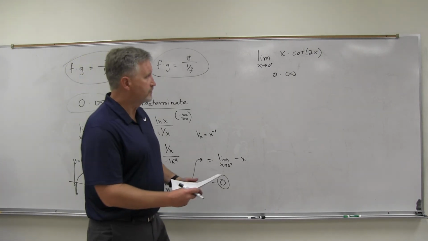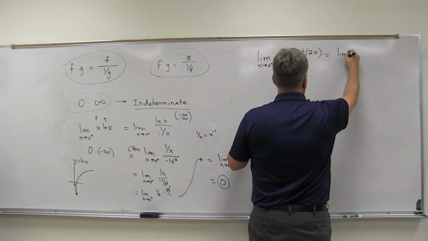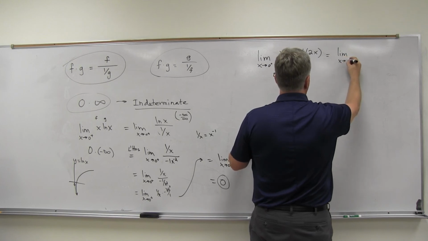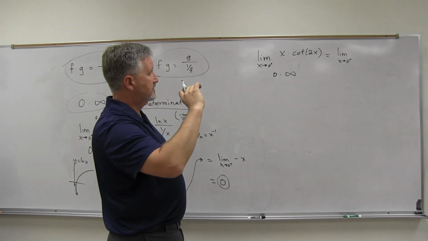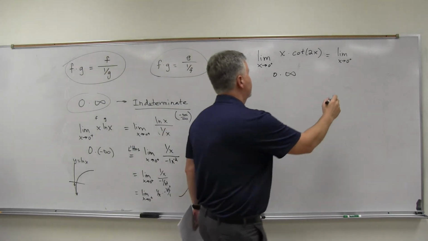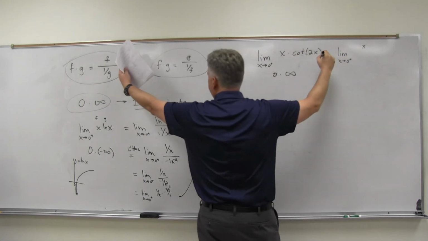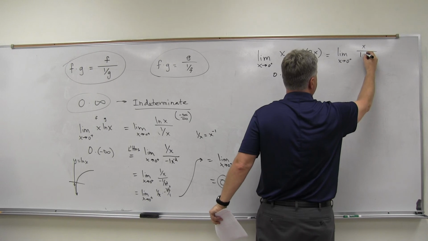Okay, well this one turns out it works out by leaving f and putting 1 over the cotangent. So let's do this one: leave the f, and then do 1 over g here.